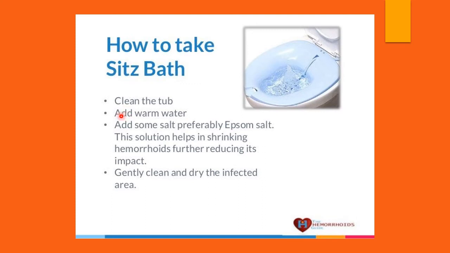Okay, this is a summary of what is to be done. Clean the tub for doing a sitz bath, add warm water, add some salt, preferably Epsom salt. This helps to shrink the hemorrhoids further, reducing impact. After that, when it's done, gently clean and dry the affected area.